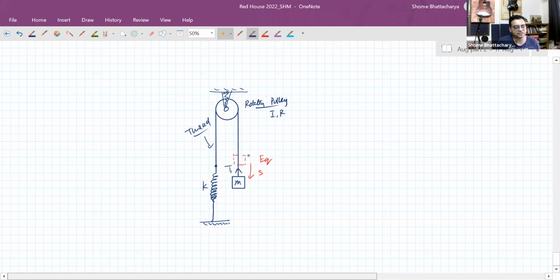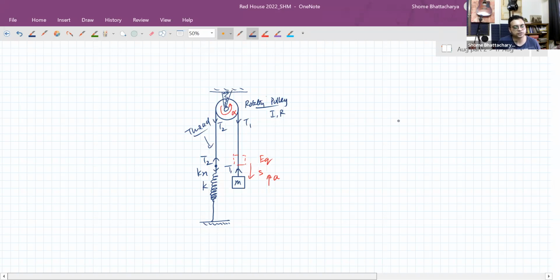At this point of time, this tension is T1. The tension on this side is T2. This will be having an upward acceleration a. This will be having an angular acceleration alpha.